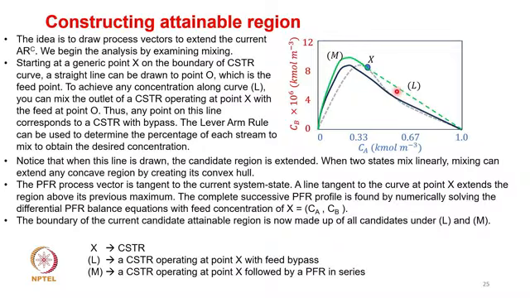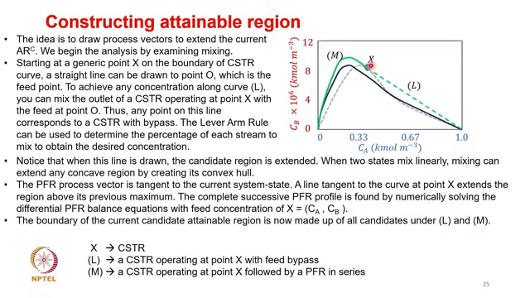Note that when we draw this line, the candidate region is extended. When two states mix linearly, mixing can extend this concave region by creating a convex hull. This is of course a concave region, and these are the two endpoints, and eventually it joins and becomes a convex hull of the points.